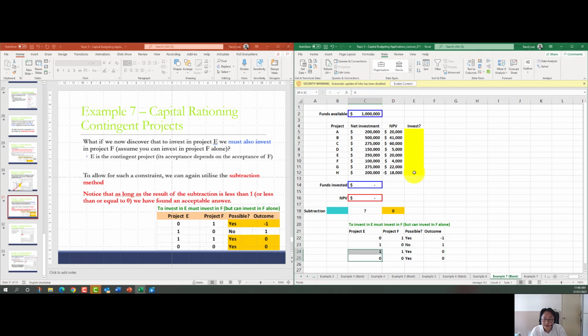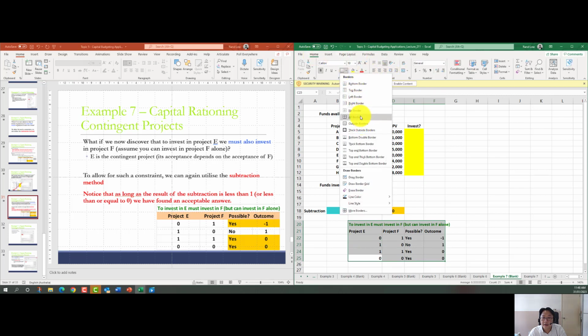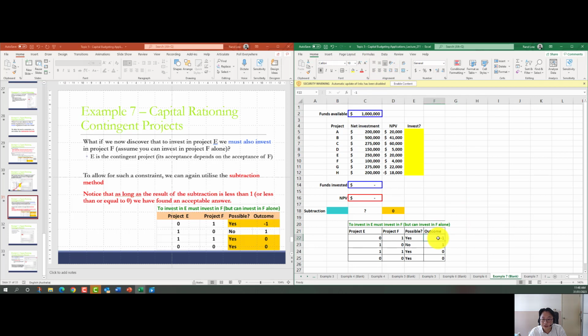So what this table is actually doing is helping us understand what conditions we're actually looking for. They're acceptable, so these are the acceptable ones, where it's in green.